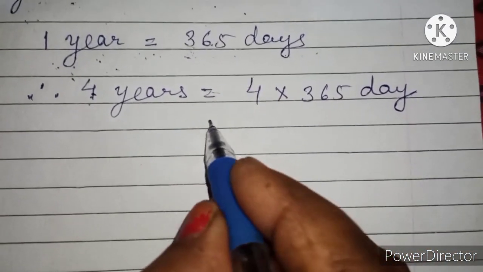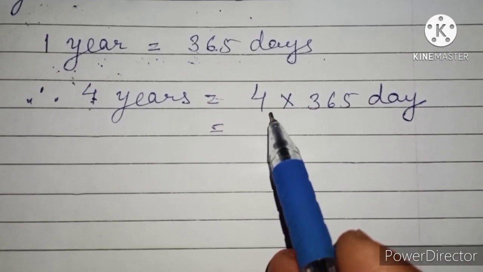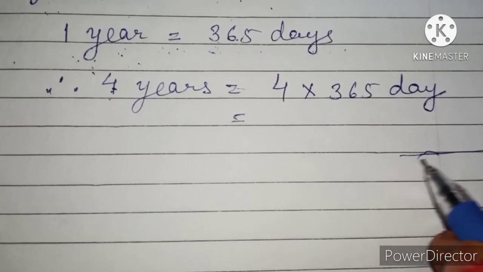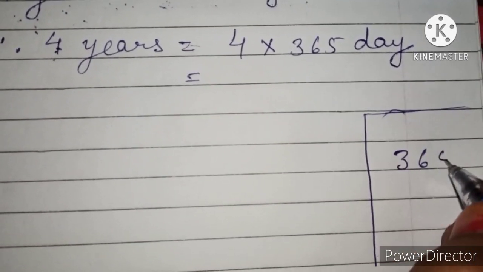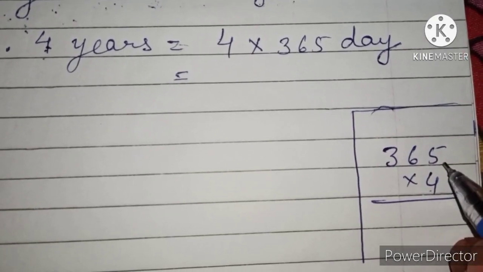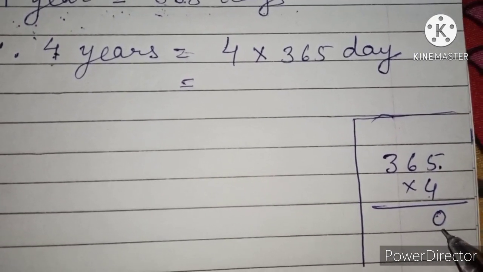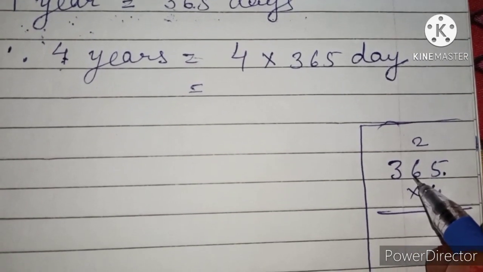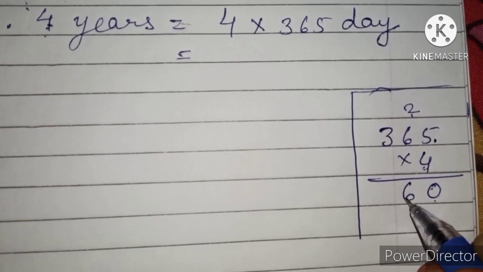Okay? Let's start to multiply. 365 multiplied by 4. Children, 4 5s are 20. 0 write down, 2 carry. 4 6s are 24. 24 plus 2, 26.